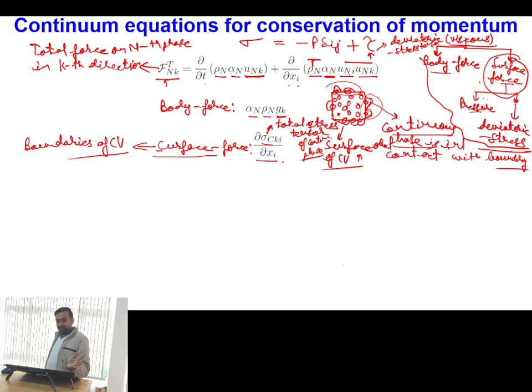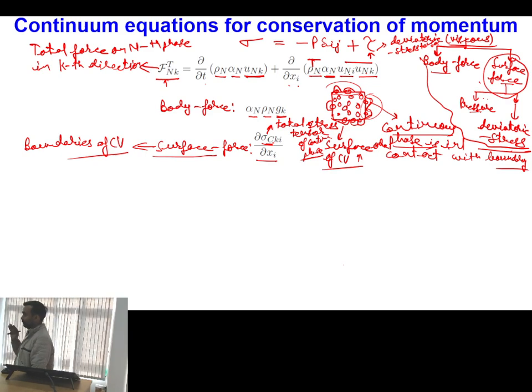Because the boundary is only controlled by the continuous phase, it is the stress tensor of the continuous phase. So though I am writing the nth phase equation, when I write the surface force acting at the boundary of the control volume, I am clearly writing that the stress tensor is only sigma c. I am not writing sigma n, because the stress tensor at the boundary of the control volume is only applicable for the continuous phase, which is making contact with the boundary.